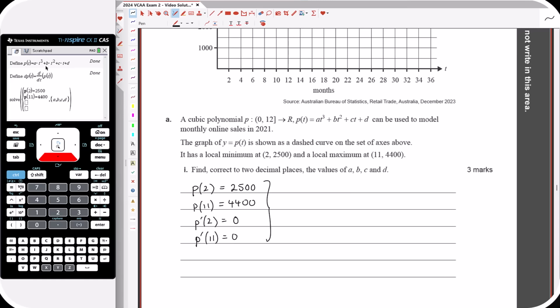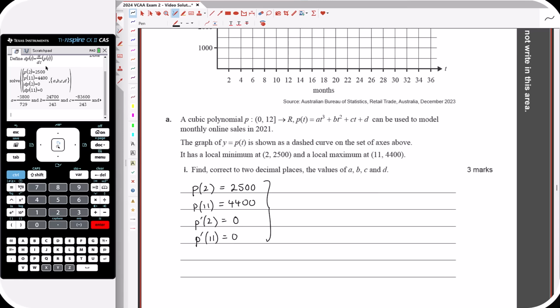And then we want the derivative of p at 2. That would be much more complicated to enter if we hadn't defined a derivative function, because you can't just do d/dx of p of 2, because p of 2 is a number and the derivative of that is 0. So you need to do d/dx of p of x given that x equals 2. And that all gets a little bit ugly. The derivative of p at 11 is also 0.